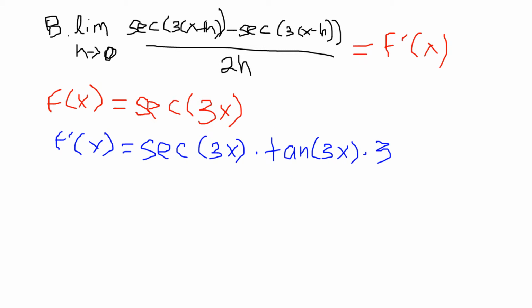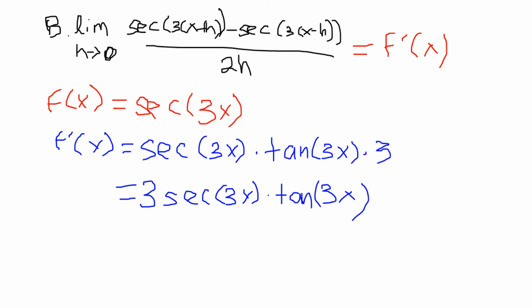So then we can break this down even more and say that it is equal to 3 secant 3x times tangent 3x. This is your final answer to part B.